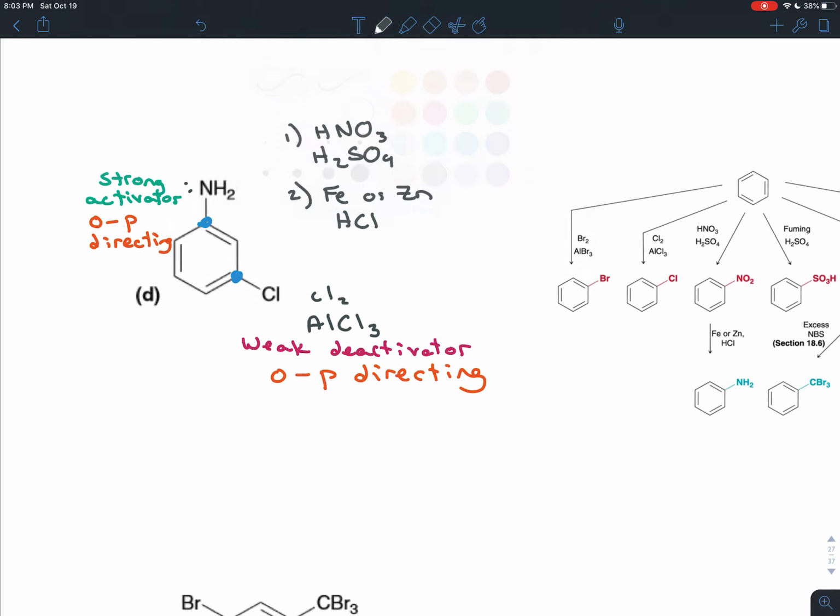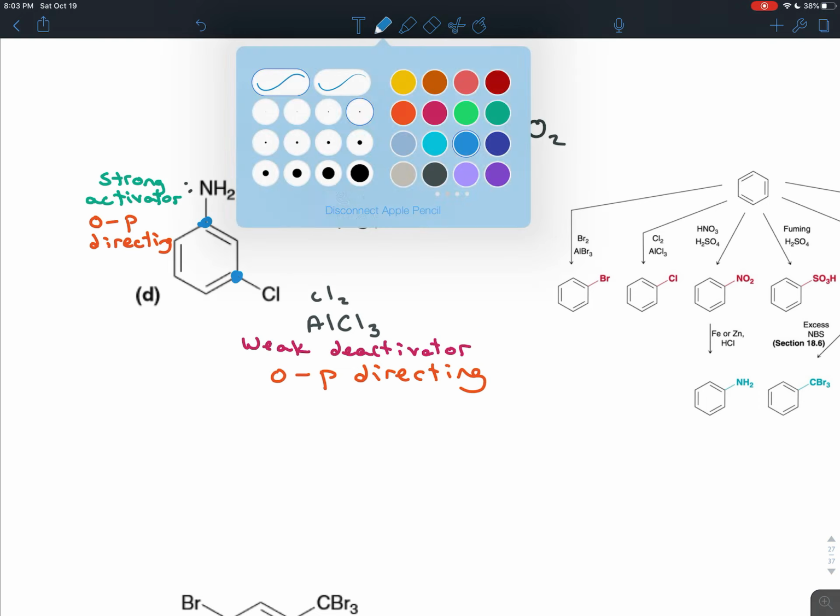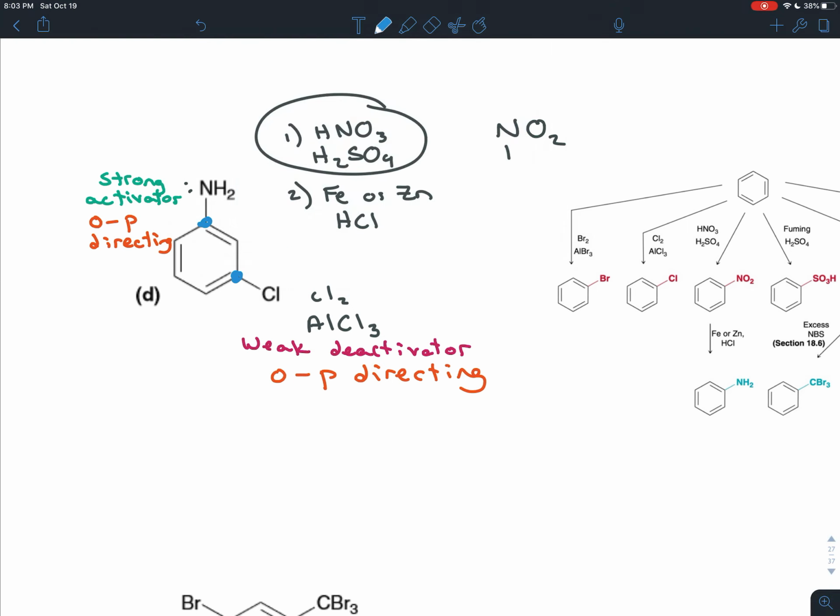Well, remember that this NH2 is actually made in two steps. And the first thing that we get is an NO2 on this position. Then we have to reduce it in order to turn it into an NH2. Well, that NO2 is a strong deactivator.